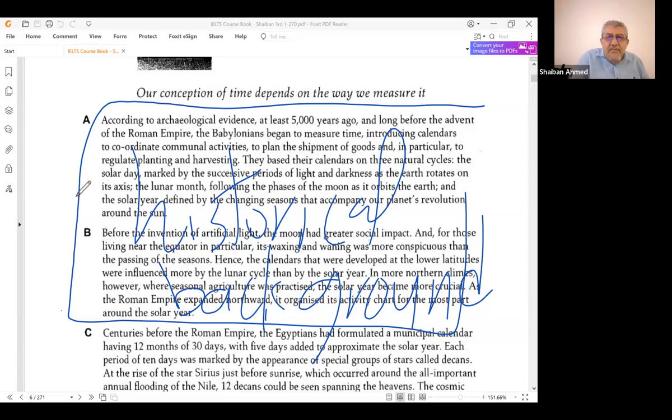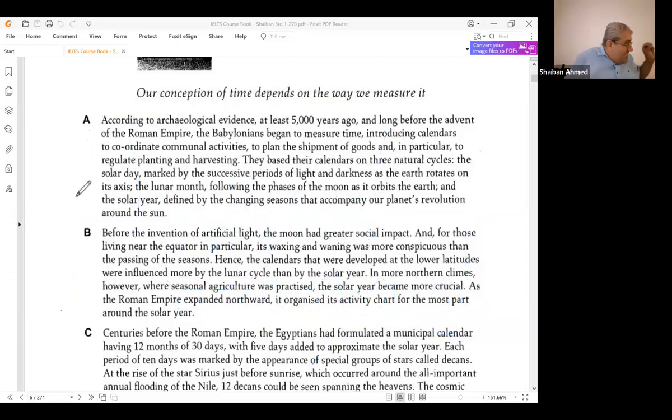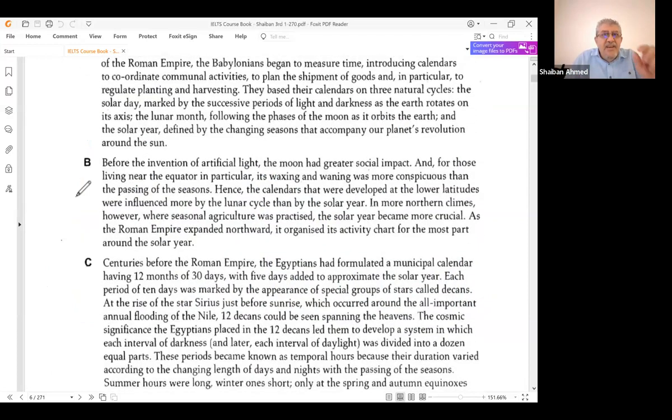If you look at paragraph A, it talks about 5,000 years ago. There is no time or space to talk about particular timekeeping. It's general. Then the Babylonians. Do we have a particular timekeeping?